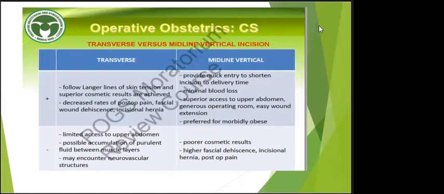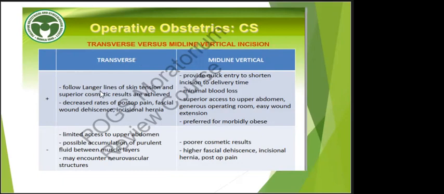When you talk about cesarean section, in layman's terms they call it the bikini cut, or the transverse abdominal incision. Let me remind you, we are talking about an incision on the abdomen. We have a transverse incision, commonly known among the layman as a bikini cut.